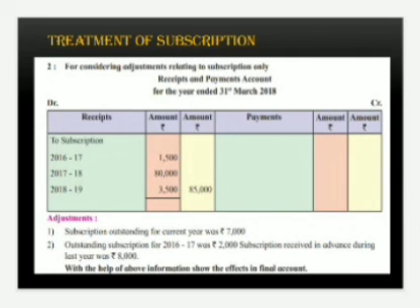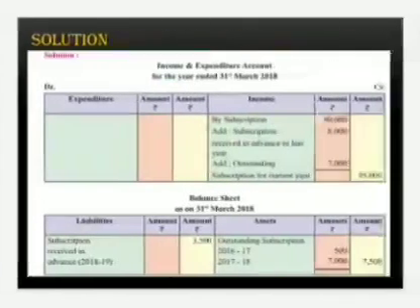With the help of the above information, we have to give the effects in the final accounts, meaning the income and expenditure account as well as the balance sheet. See here, under the solution, the income and expenditure account is prepared. On the credit side, income is there. The subscription, what is it? This is the membership fees we are getting.